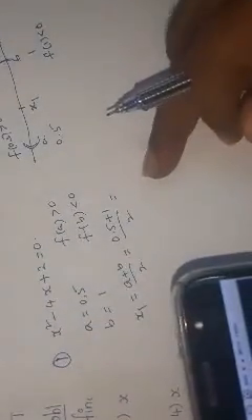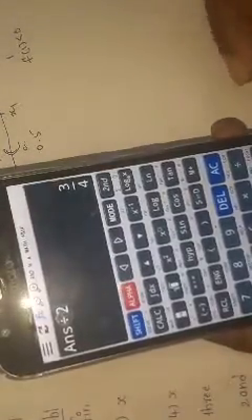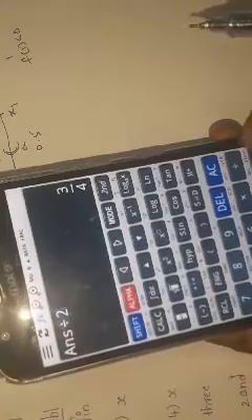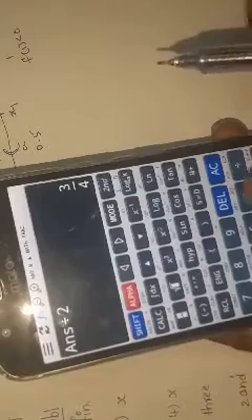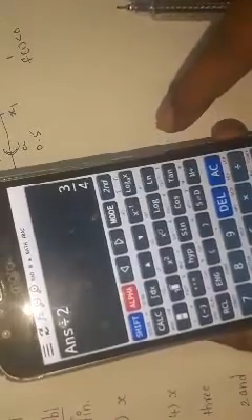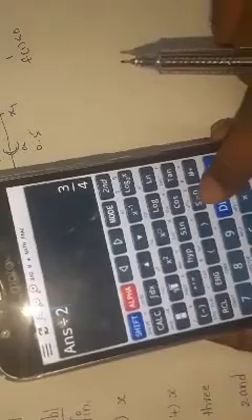You can calculate in the calculator: 0.5 plus 1 is equal to 1.5, divided by 2, that is 0.75.